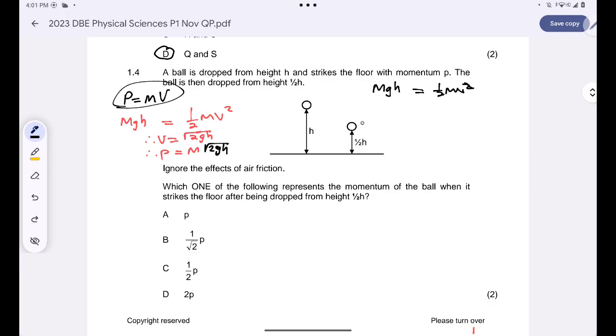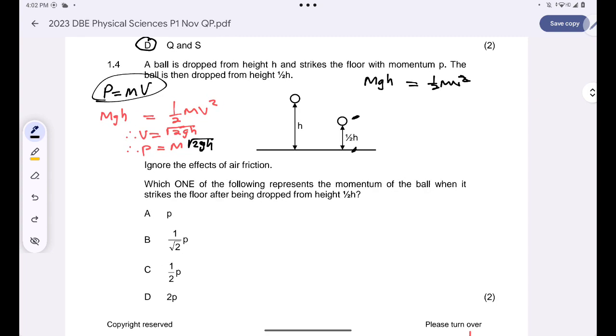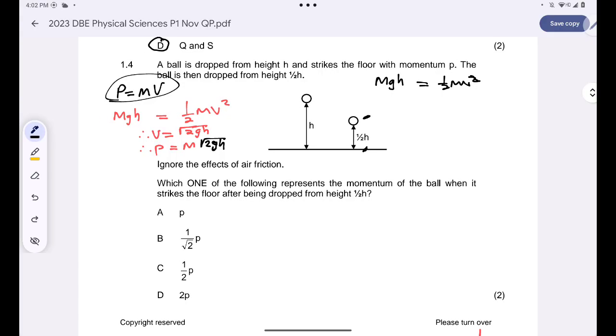Here I'm just writing the potential energy because whenever my ball is dropped, there's no kinetic energy since the velocity is 0. And there at the bottom, there's no potential energy since the height above the ground is 0.